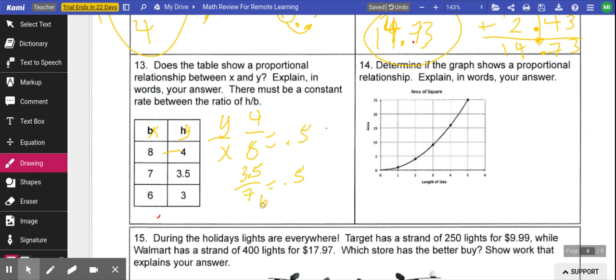And 3 over 6 equals 0.5. Okay? So is it proportional? Are they all the same? Yes.